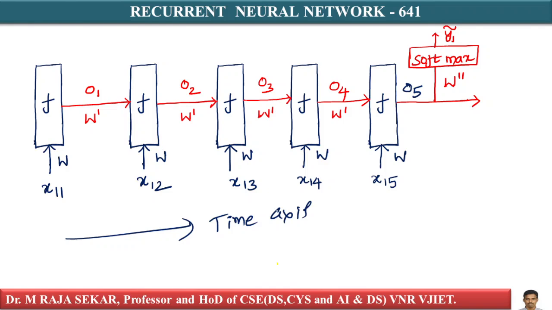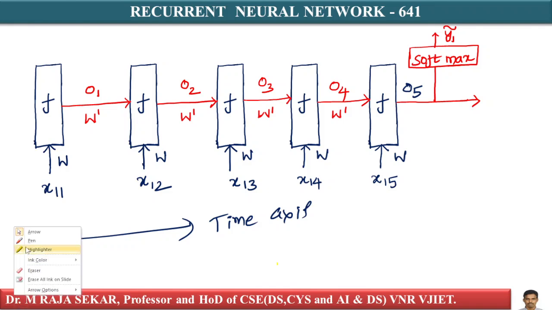You have the same w here, because this is the weight that connects the input vector to your F matrices, to your activation units. Now you have weights W dash, connecting the output from the previous layer as the input to the next layer, and you have your W double dash also.